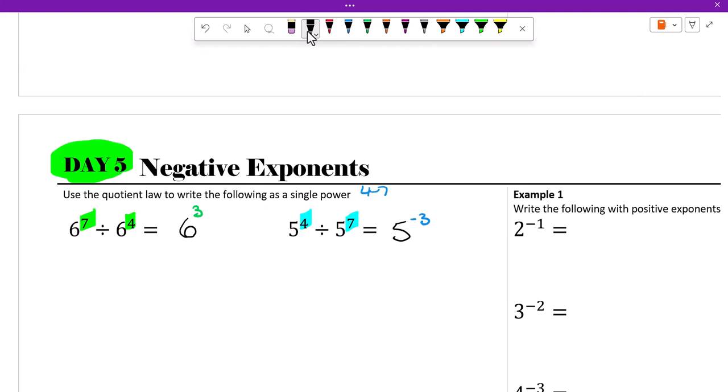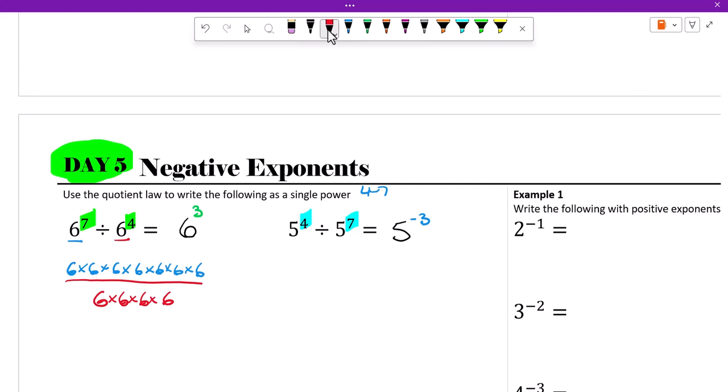I'm going to take the original question here. That means we have 7 sixes on the top: 1, 2, 3, 4, 5, 6, 7. And this one says we have 4 sixes on the bottom: 1, 2, 3, 4. If there's a division question, a simplifying question, a multiplication on the top can cancel a multiplication on the bottom.